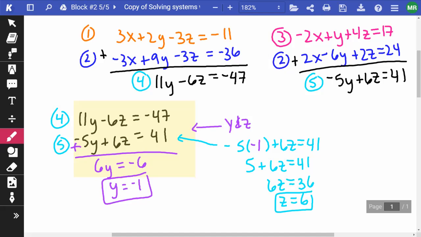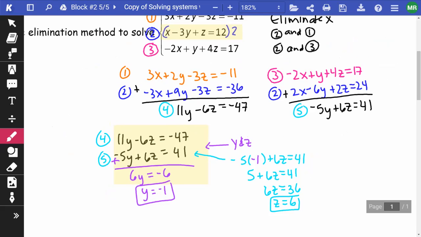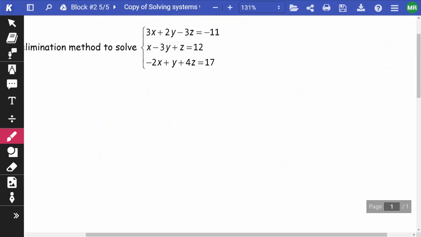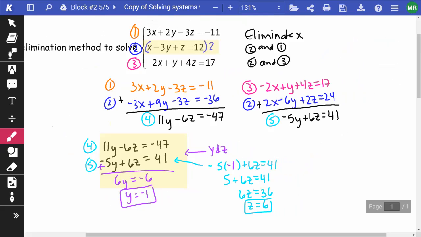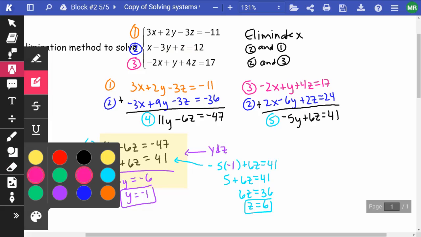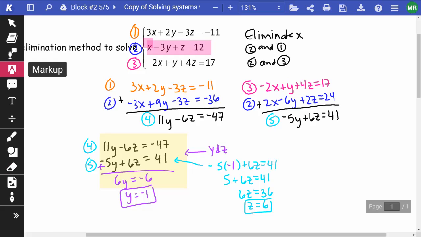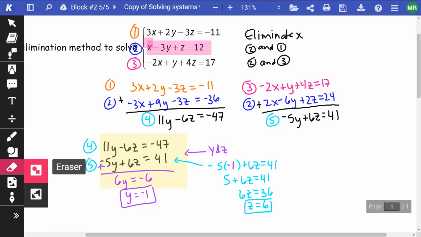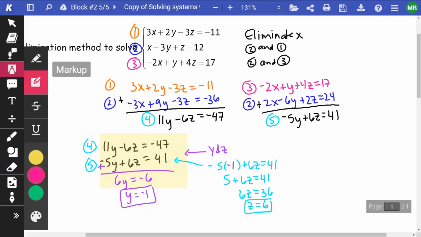So now that I've solved the system that had y and z, my equations 4 and 5, I can take these answers up to either equation 1 at the top, equation 2, or equation 3. Since I'm trying to find my x, I am going to use equation 2, because equation 2 has just a plain old x in it. So hold on, this one right here, this is the one I'm going to use.